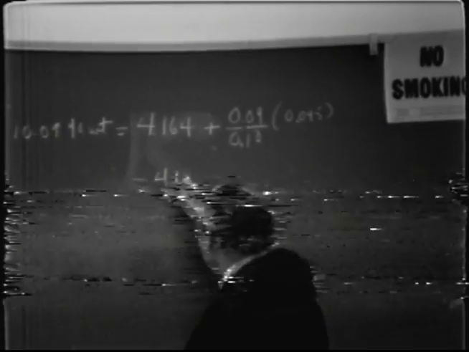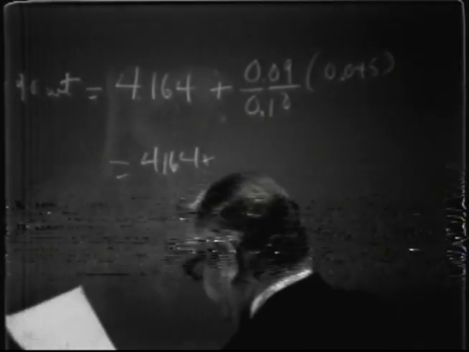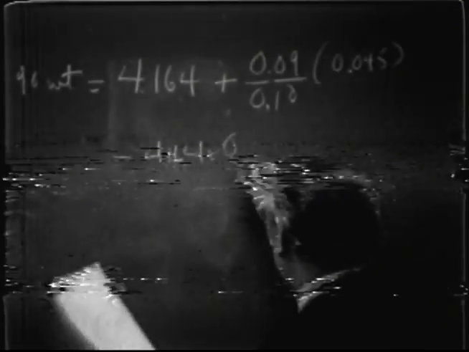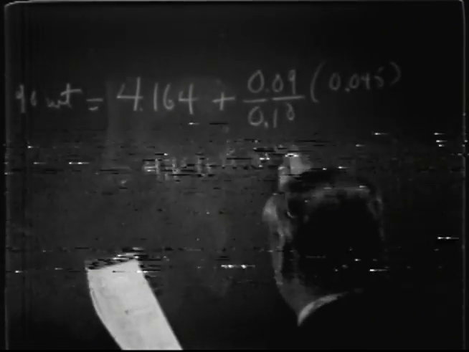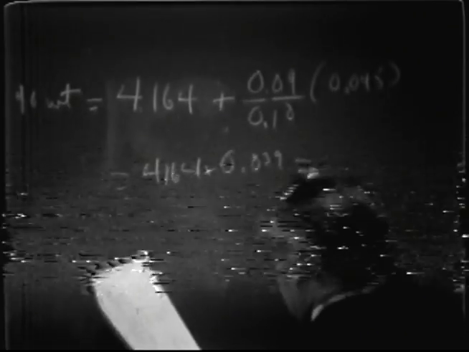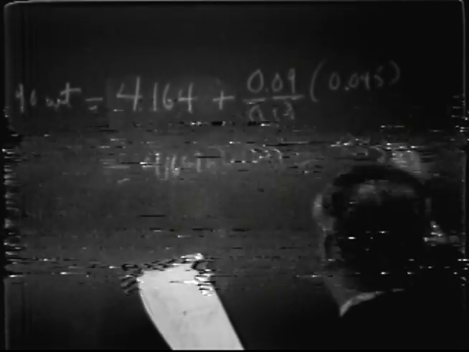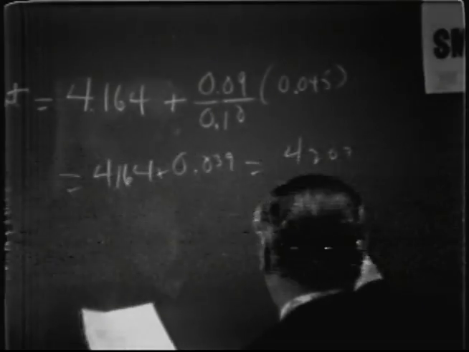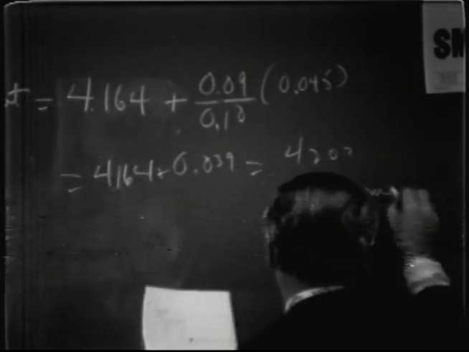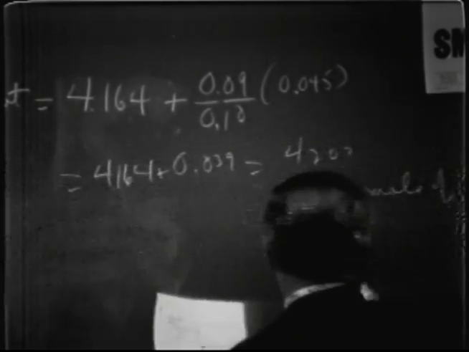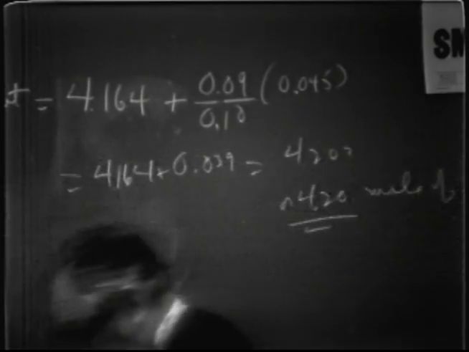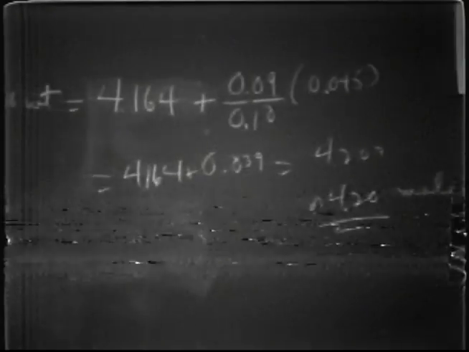So it'd be 4.164 plus this fraction, which comes out to be 0.039. So the answer would be 4.203 or 4.20 mole percent to the nearest hundredth, as the question was asked for.